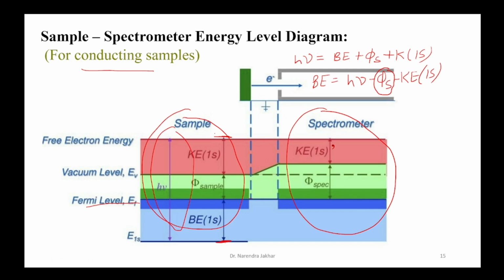So when these electrons are ejected and come to the spectrometer, this is the energy read by the spectrometer. So this equation becomes binding energy equal to h nu minus phi spectrometer minus kinetic energy prime of the 1s. So in this equation, phi spectrometer comes out, rather than the work function phi of the sample.